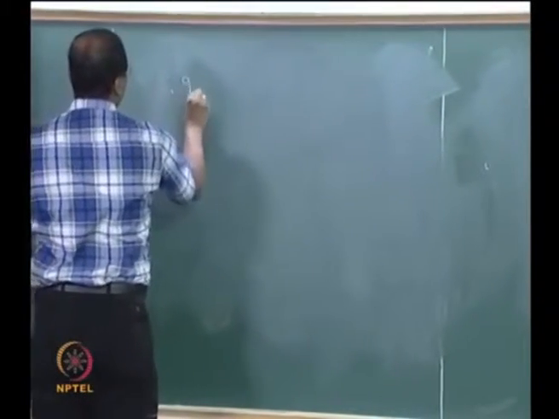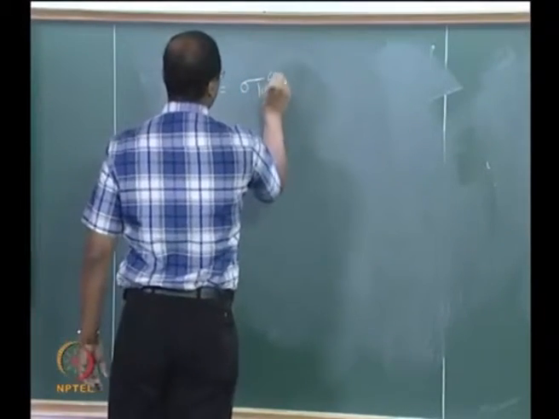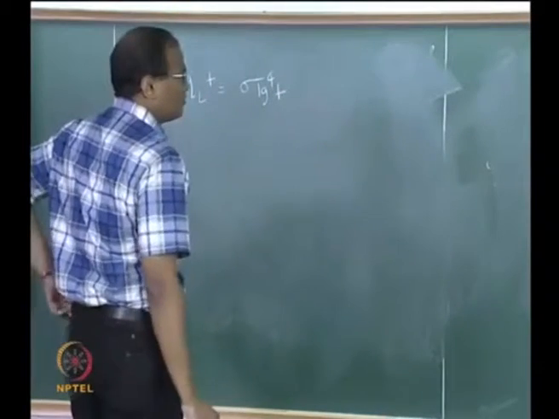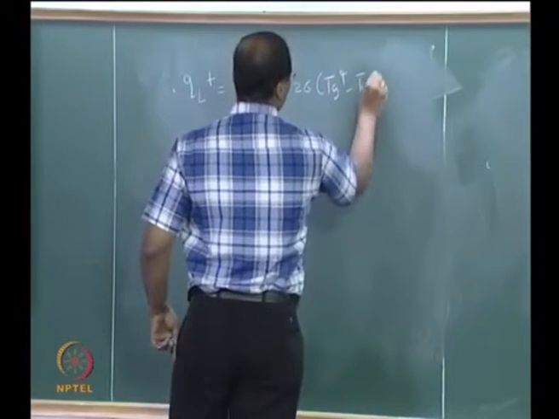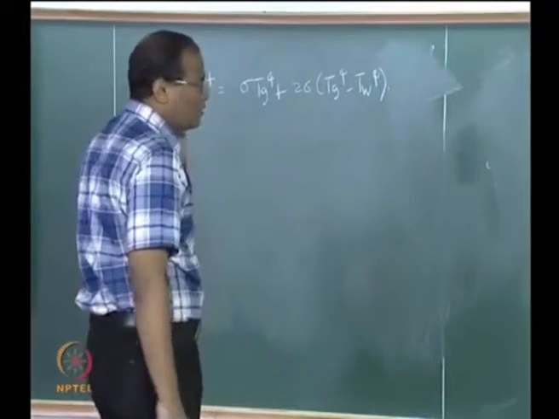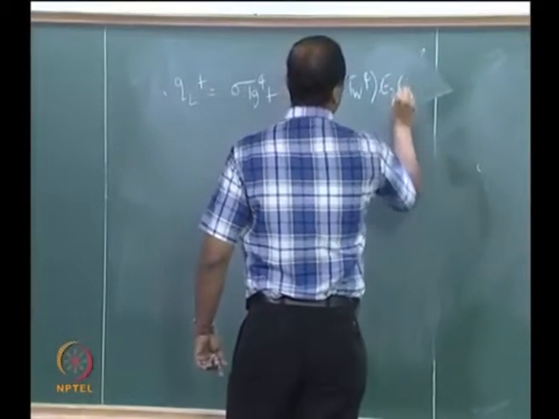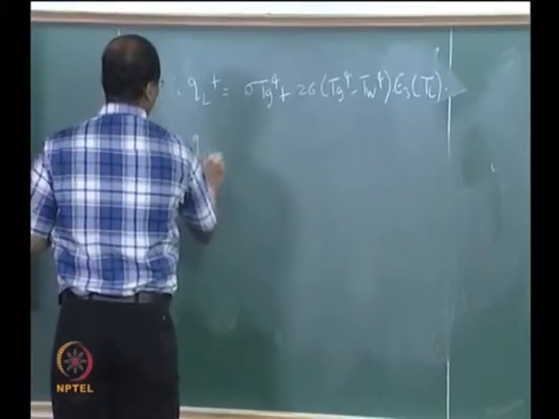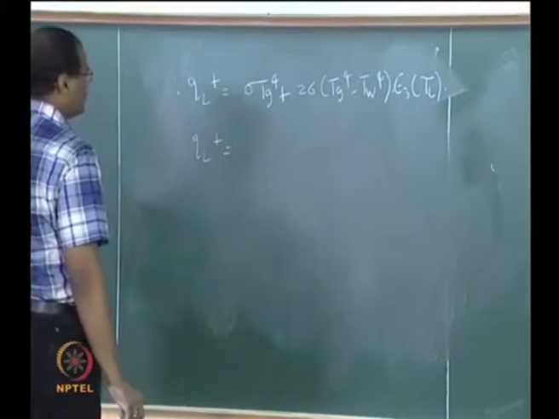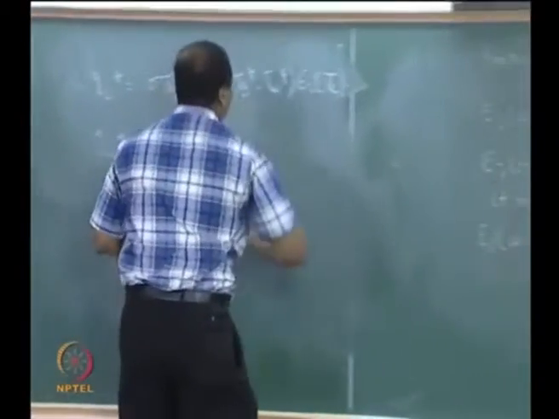Therefore QL plus is sigma E3 of... that's all, E3 of... Oh no, I am making mistakes again and again.